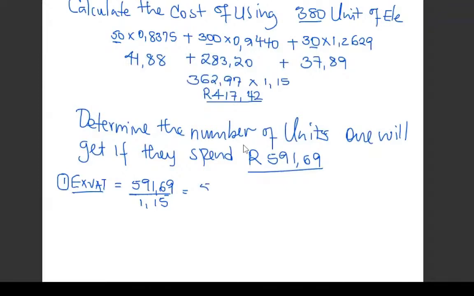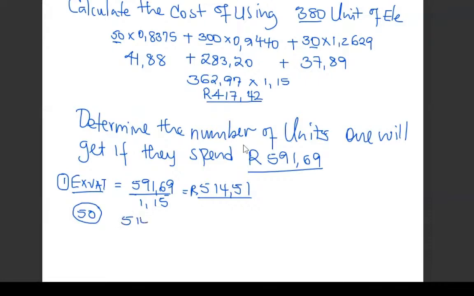So I have the answer as 514 rands, 51. So now this is what I'm going to deal with. Having got this much money without VAT, number one, I will have to subtract the cost for the 50 units, because this is what you start with.